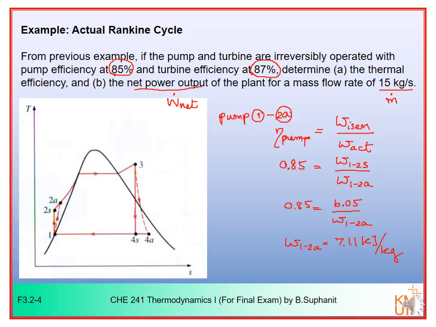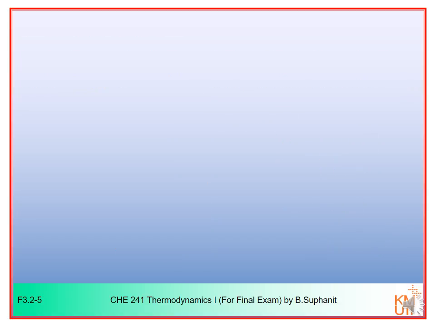Now we can move on to recalculate the work that we would get from the turbine, which is process 3-4A here. From the efficiency of the turbine, we have efficiency of 87%, so it's 0.87.